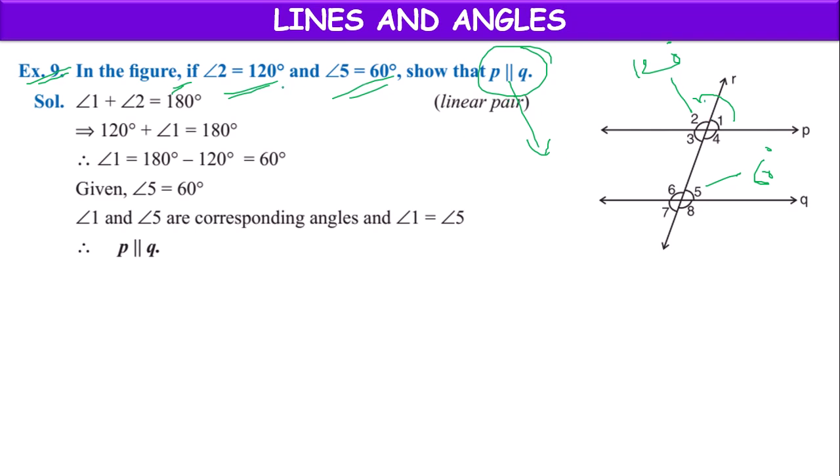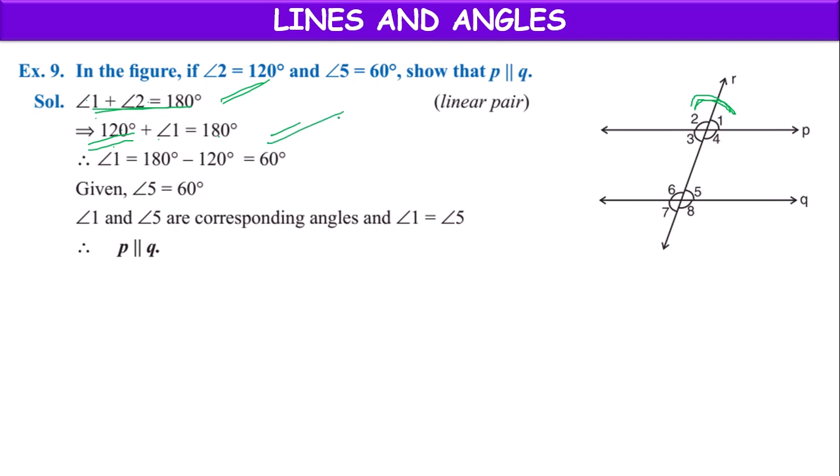So here, angle 1 plus 2 will form a linear pair. So 1 plus 2 equal to 180 degrees. In that, the 2 value is 120 degrees, and angle 1 we will keep like that, equal to 180.